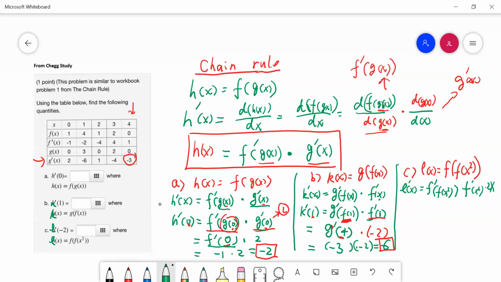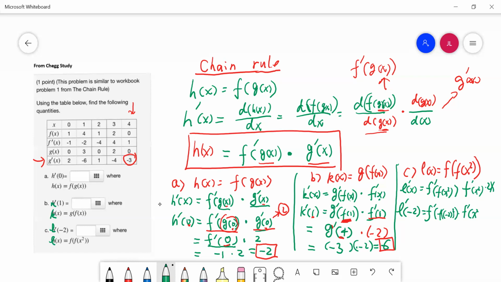So we are looking for L derivative of -2, which equals f derivative of f(-2) squared times the derivative of x squared.